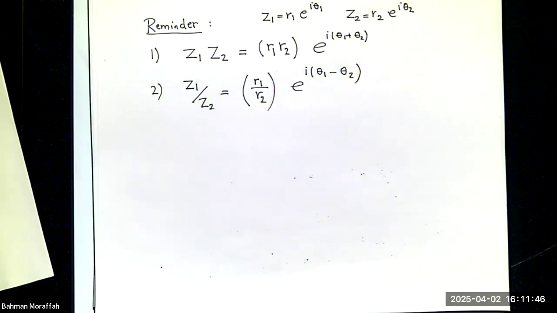For adding, if I have it in polar representation, it is a little difficult to add these two things. So I have to convert it back to the Cartesian form, and then I can add them. But for multiplication and division, the polar form is the easier way.